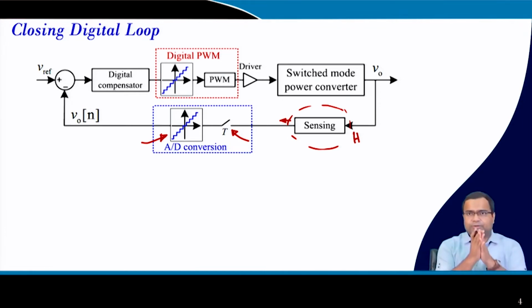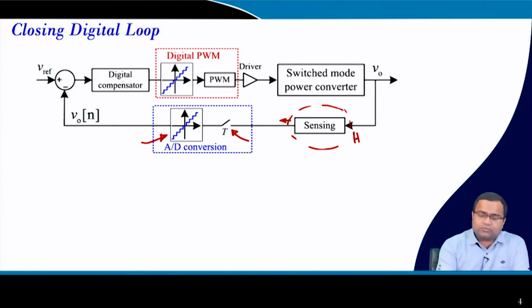That means we take the sample voltage at t equal to 0, t equal to some Ts, then twice Ts and so on. If we talk about uniform sampling, after every fixed interval of time we take a sample, but there can also be non-uniform sampling, which we are going to discuss, where the time period can vary.